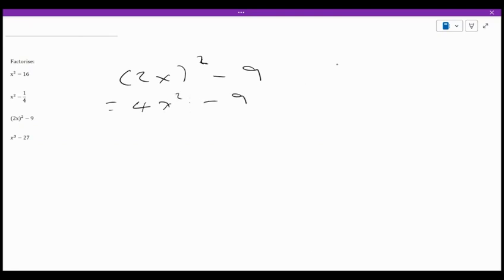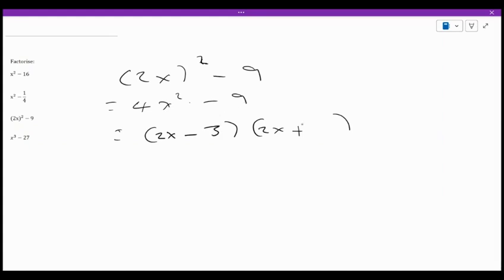Is 4 a perfect square? Yes. What do we get when you square root 4? We get 2. So let's open up our brackets. When you square root 4, we get 2, and when you square root x squared, we get x. So we write that same number on this side. We put in our signs, a negative and a positive. Now, what do we get when we square root 9?